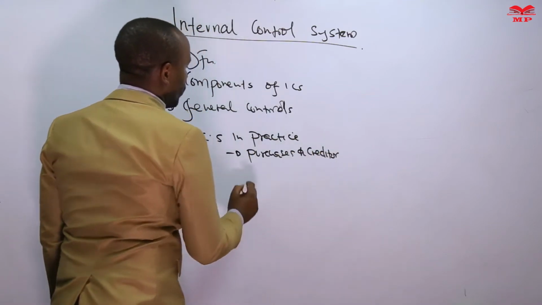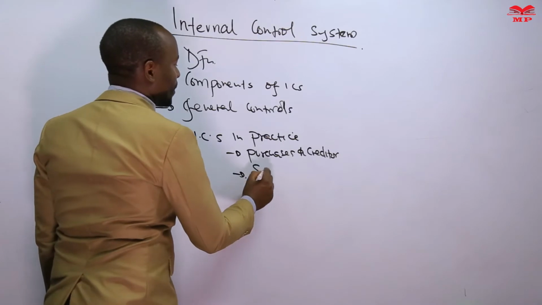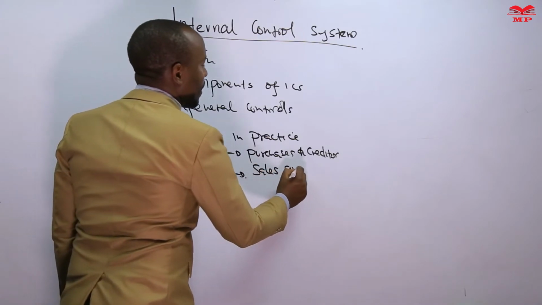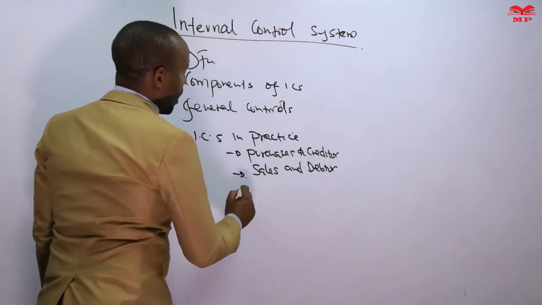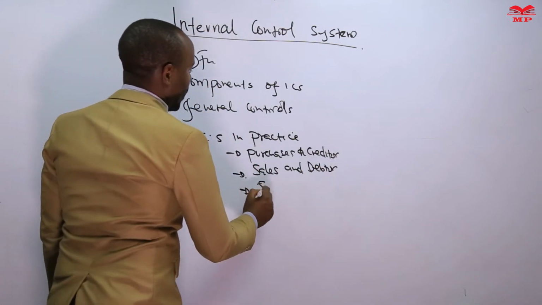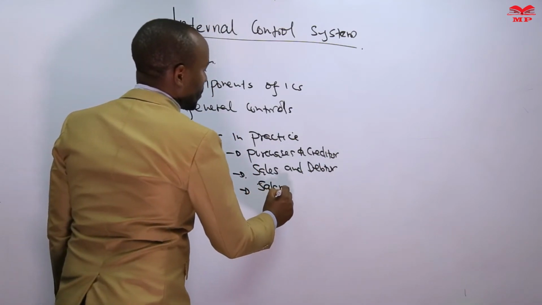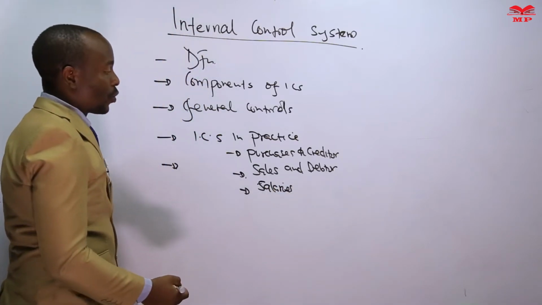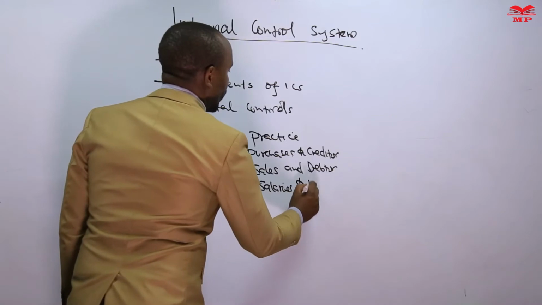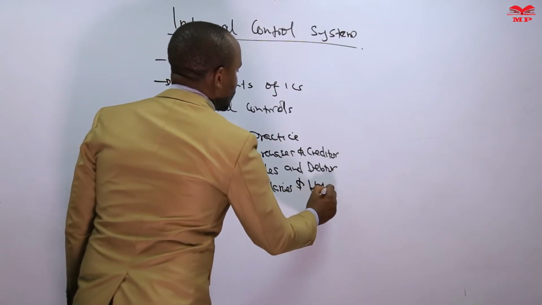We're also going to introduce sales and debtors controls. That is an application area. Another area is salaries and wages, also referred to as the payroll cycle or payroll controls.